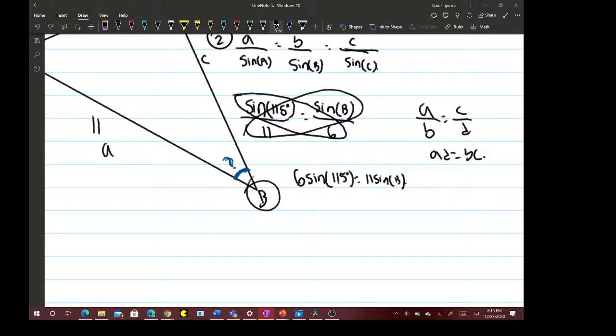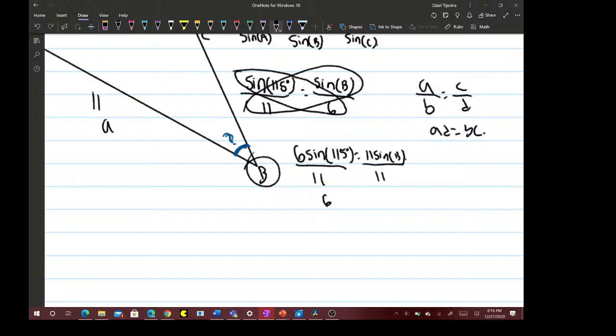And so you're going to divide both sides by 11, and you're going to take the inverse.